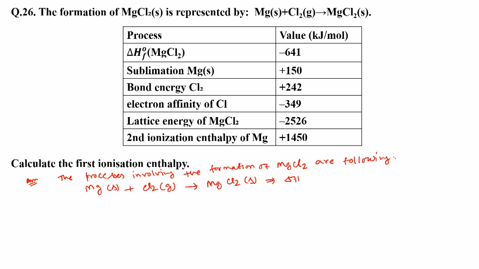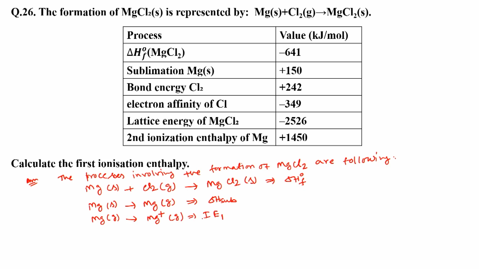This is nothing but delta H naught F, or enthalpy of formation of MgCl2. Using the Born-Haber cycle, Mg solid goes to Mg gas. This is nothing but delta H sublimation. Next is Mg gas goes to Mg+ gas. This is IE1, right?